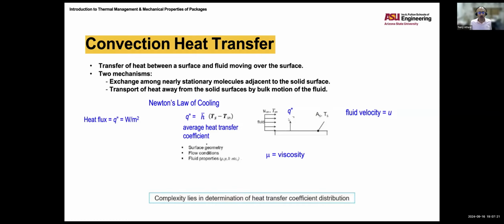Essentially, for our case, we're just going to say it's laminar flow. We'll get back to laminar flow. Okay, so Newton's law of cooling: the heat flux is equal to the temperature gradient between the surface and the ambient, and the factor will be the average heat transfer coefficient.